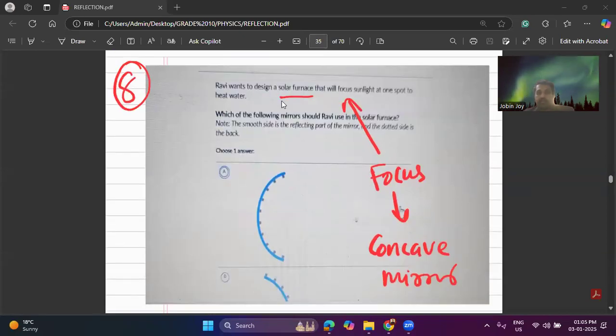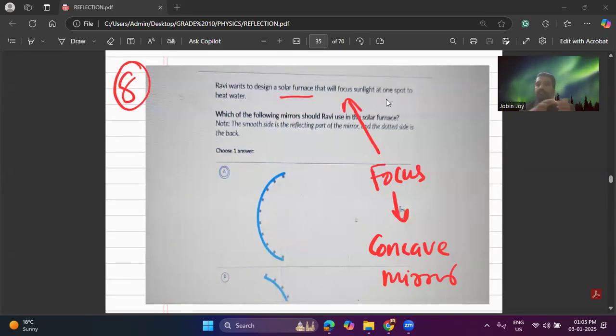Okay, Ravi wants to design a solar furnace that will focus sunlight at one spot to heat water. As I already mentioned, torch lights, search lights, where we are focusing light to a particular point. The object is at infinity, and the rays will be coming like this. Then it will be reflected on the concave mirror, and the reflected ray will be traveling through the focus.